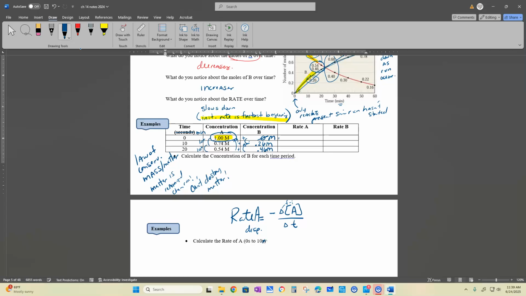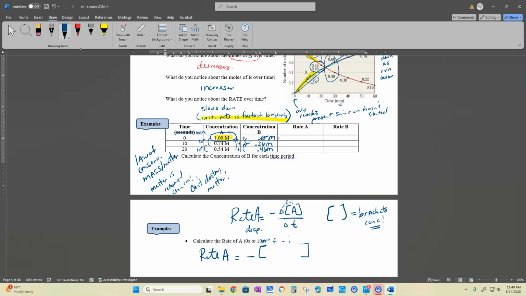And like I said, I'm going to fix this. We're going to say 0 to 10 minutes. Okay, so my rate of A, negative, and I'm going to put these in brackets, because remember, brackets means concentration. Okay, so we're going to make a note of that so we don't forget. Brackets is concentration.